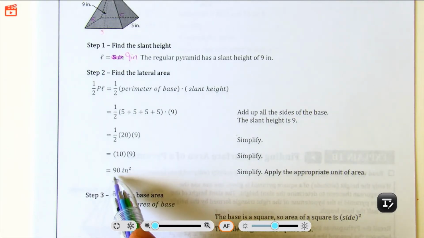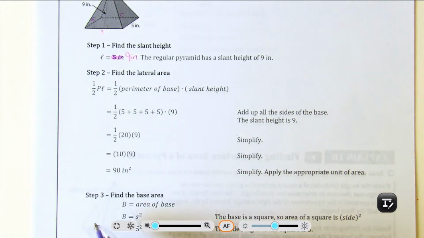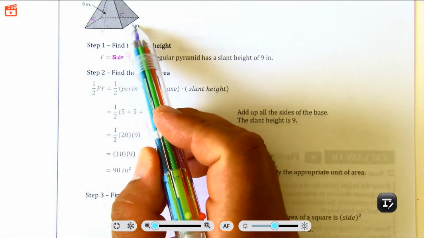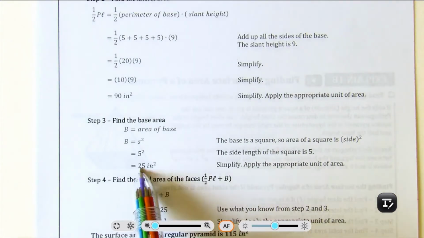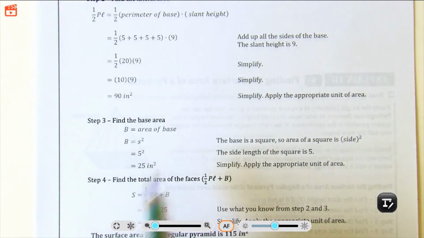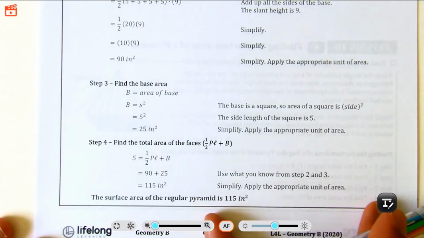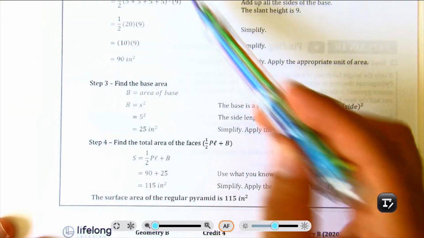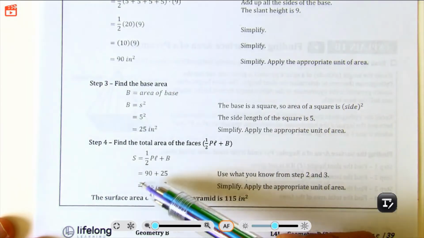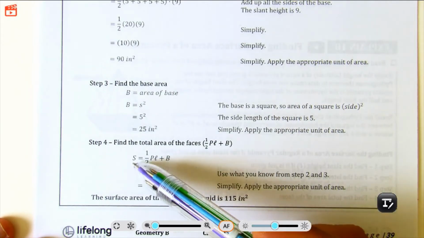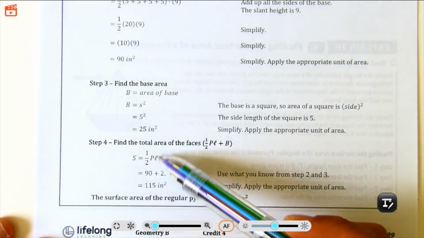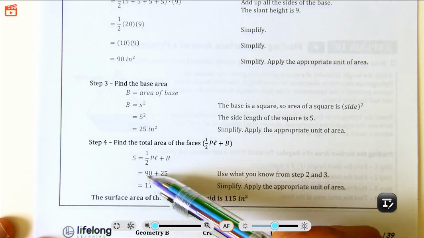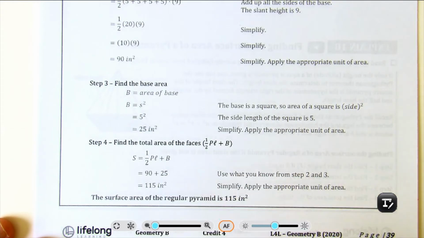To find the area of the base, we multiply the length times the width, so 5 times 5 ends up being 25. So now that you have the lateral area and the base, we just plug it into this formula. The surface area is equal to the lateral area plus the base, so 90 plus 25 ends up being 115.